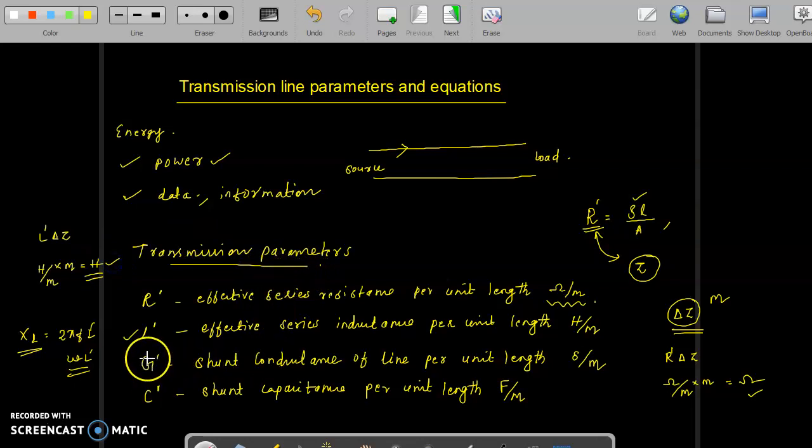And the next parameter is G dash, which is the shunt conductance. In the transmission line we have transmission towers, which are meant to support the long transmission network, but they do not provide perfect insulation. So some of the current flowing through the transmission line will flow through the transmission tower, which we can treat as leakage current.